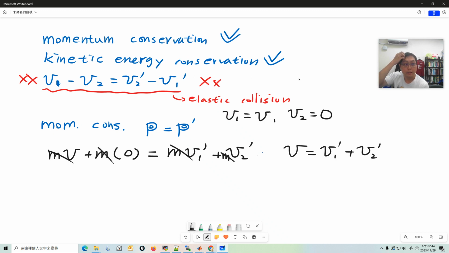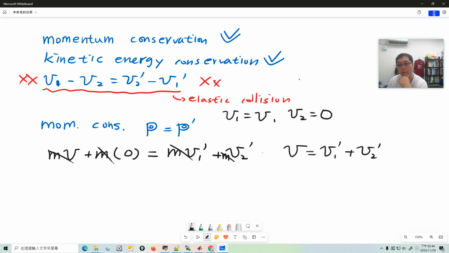The second tool is energy conservation, but here it reduces to kinetic energy conservation, because we assume a 1D collision with no height difference and no spring in the system, so there is no potential energy.